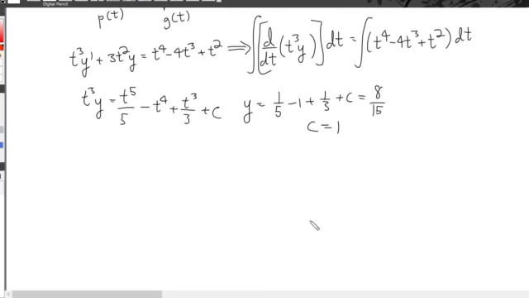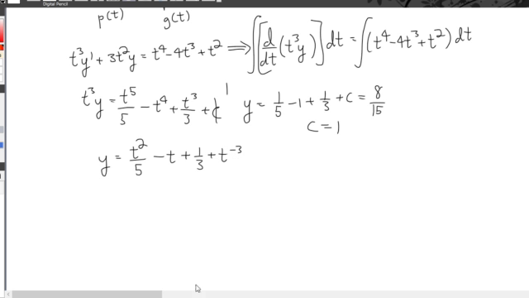And so we get that y is equal to, okay, so we just divide both sides by t cubed and replace c with 1, and so we get t squared over 5 minus t plus 1/3 plus t to the power of -3, or if you prefer 1 over t cubed.